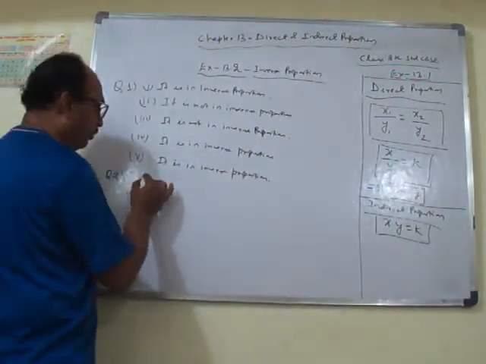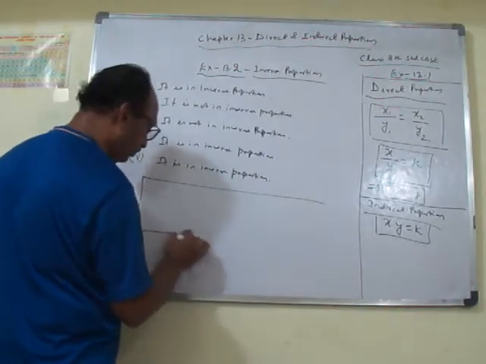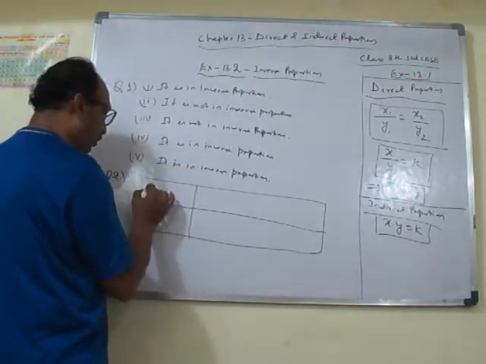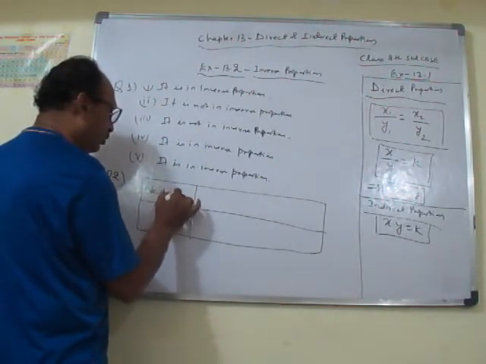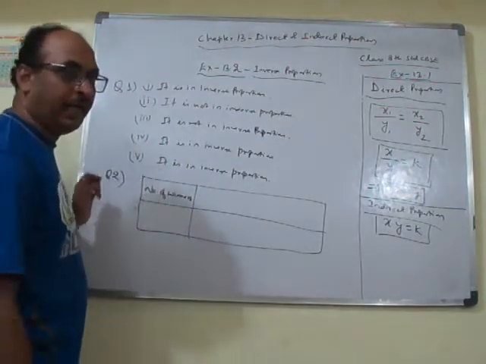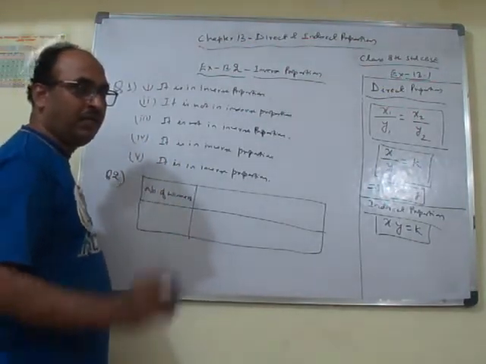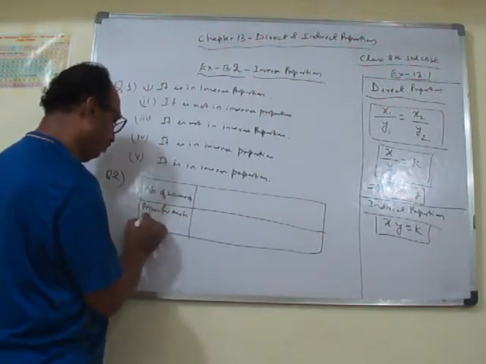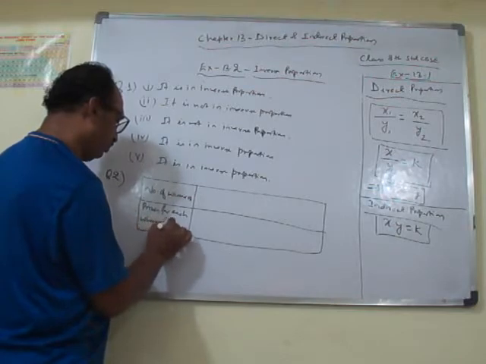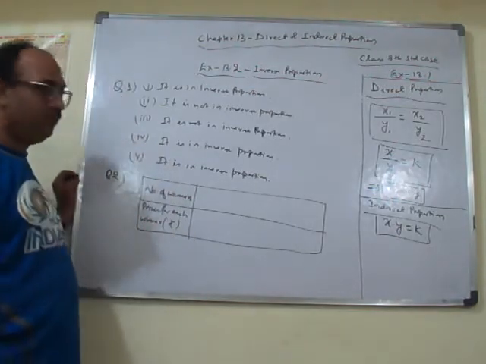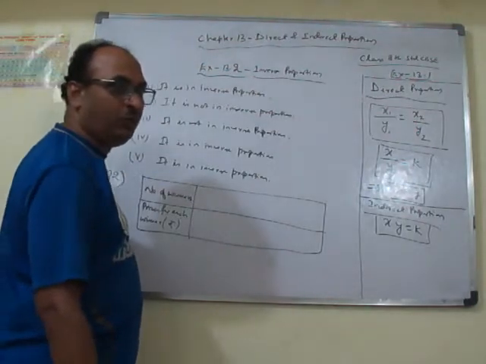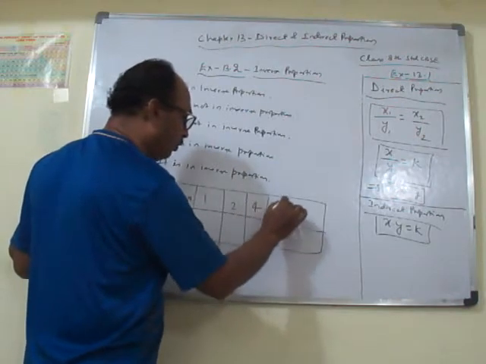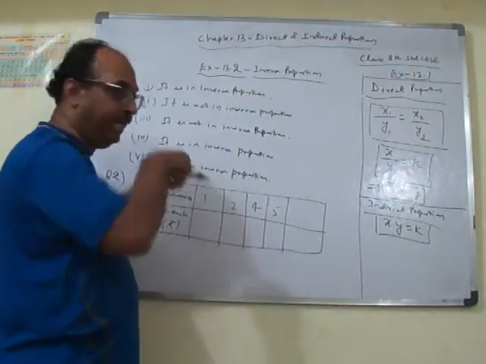So first we need to draw a table. That table consists of the number of winners and the prize for each winner in rupees. How many winners are there? 1, 2, 4, 5, then 8, 10, 20.